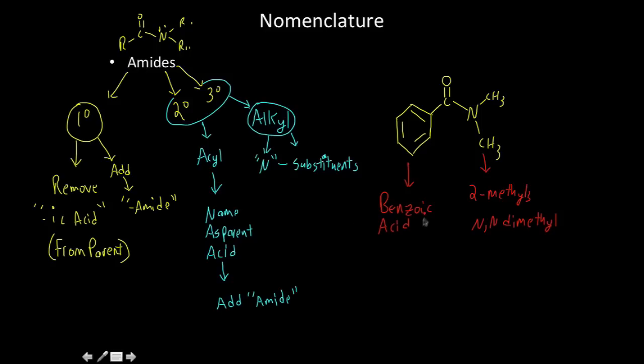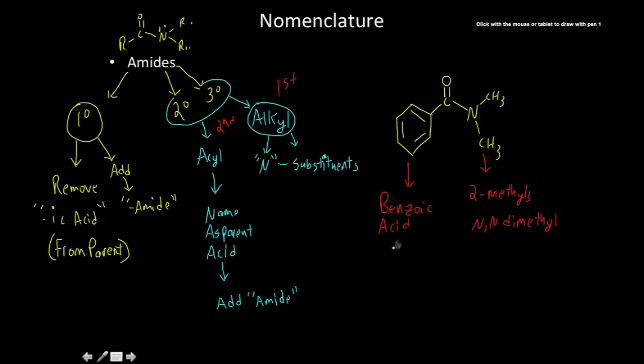Now I have the benzoic acid here, but I'm going to remove the -oic acid and replace that with amide. And just like before, alkyl group comes first in my lettering, and then the acyl group comes second. For primaries, that's pretty straightforward. I'm not even going to bother doing an example for that.